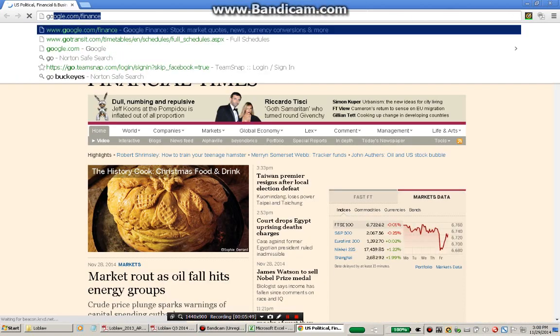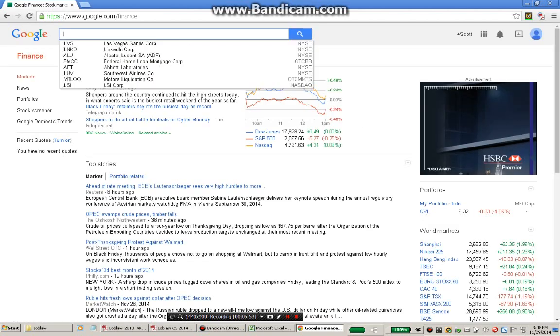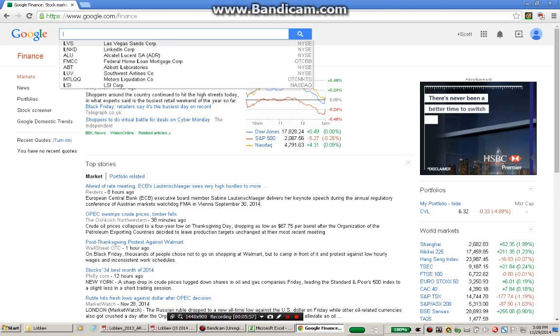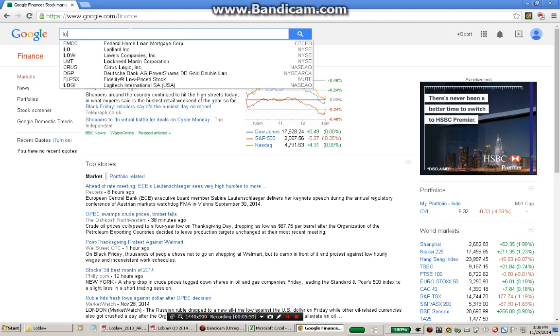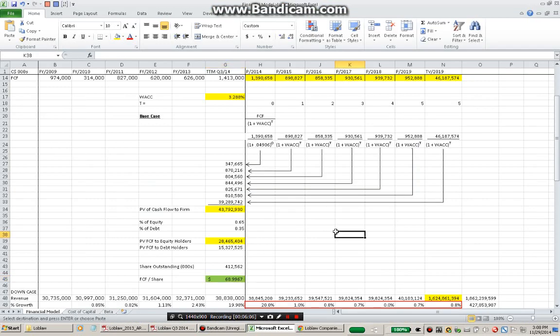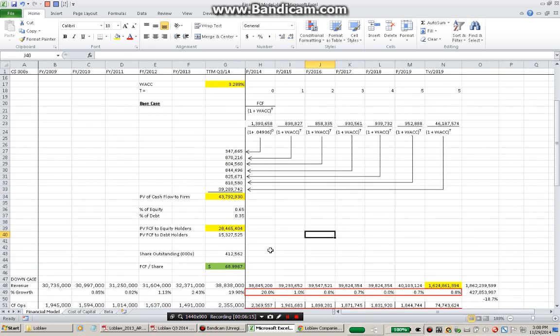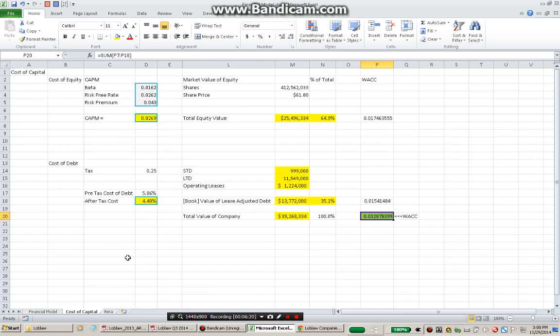Let's take a look again, see what the price closed at on Friday. $61.51, and we've got $69 flat. So we brought it down a bit, and that was purely by adding more debt by way of operating leases.